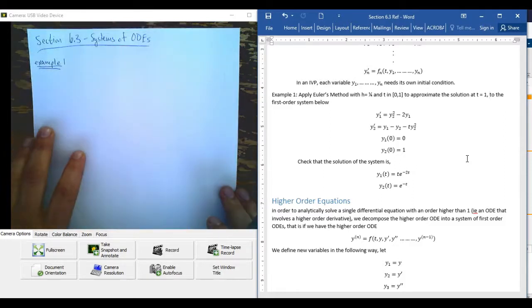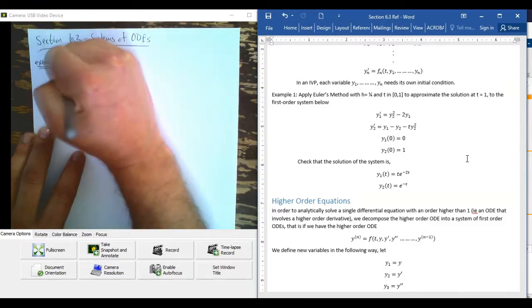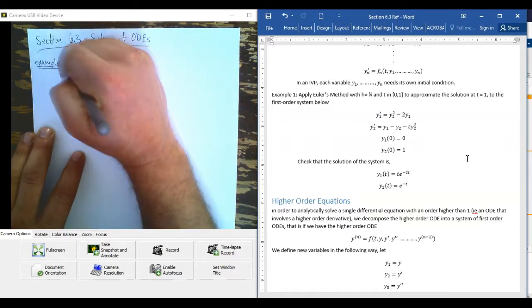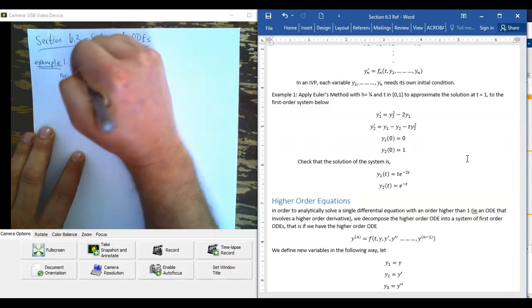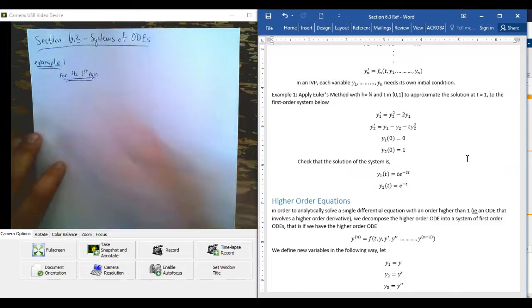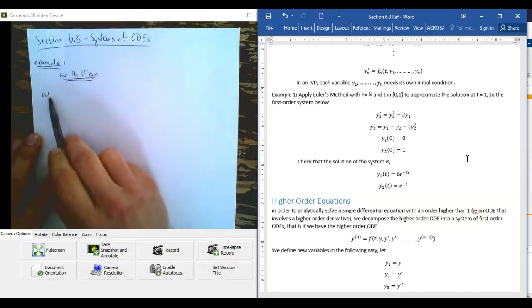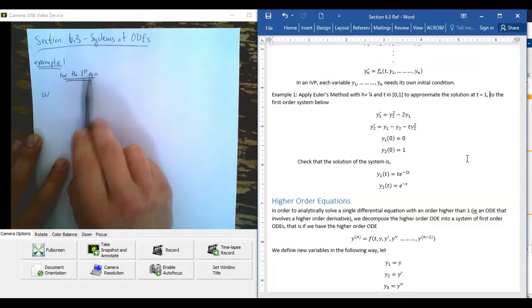What we're going to do is Euler's method for the first equation. How would Euler's method look? Well, our approximation that we've been using is the letter W, but we need to notate that this is the approximation for the first equation.